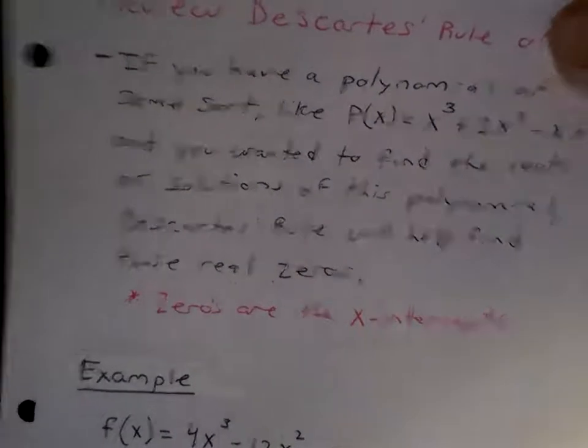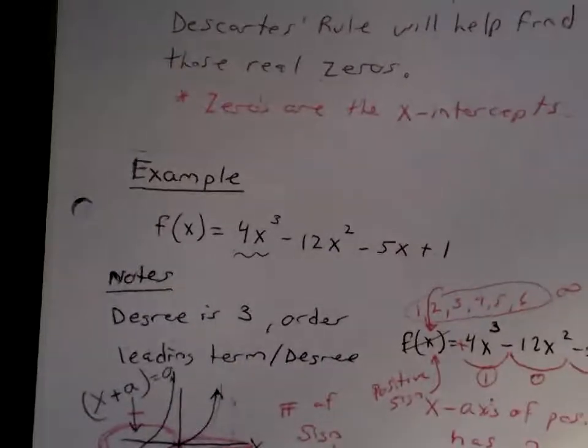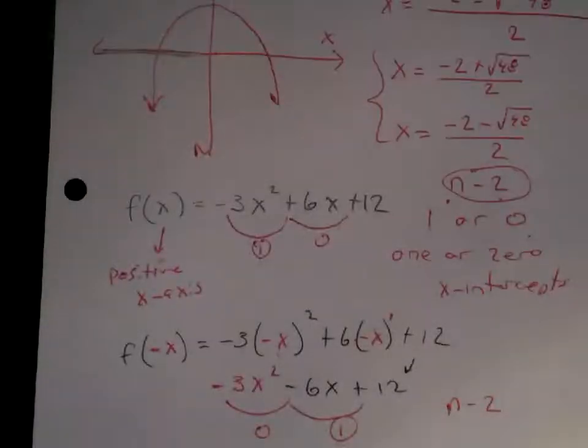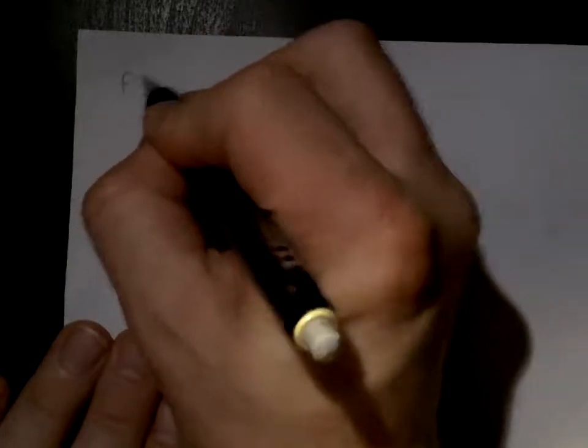All right, I want to do one more and make it a little bit of a tough one. And we're not going to graph it. There's no way. So let's try a more complicated one. This is the last one we're going to do.